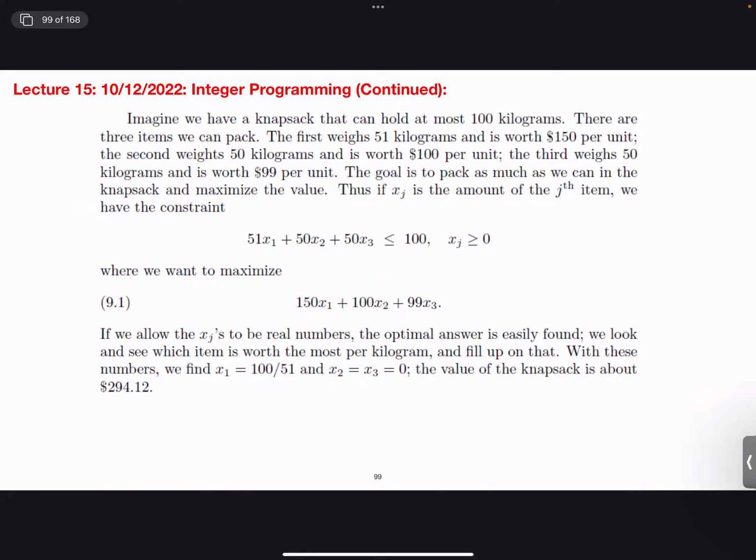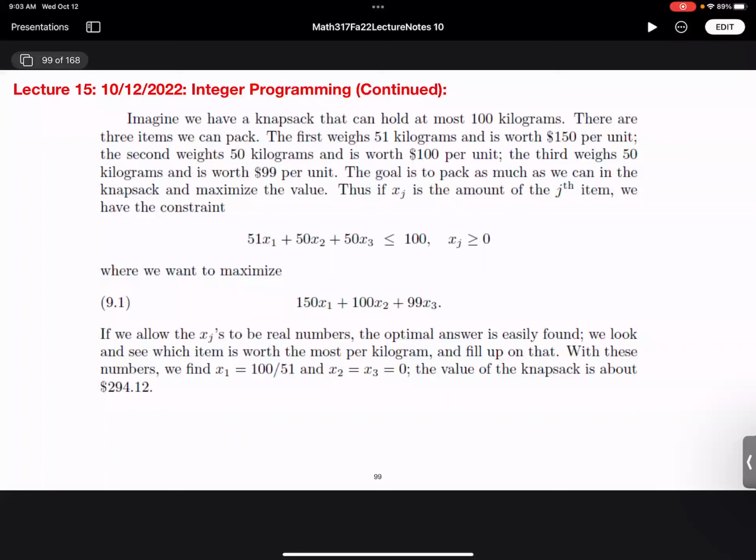Do we really want it to be less than or equal to 100? Or would you write something else? So should the constraint be that the sum is less than or equal to 100, or should the constraint be something else? You want it to be equal to 100. So one possibility is maybe it should be equal to 100.